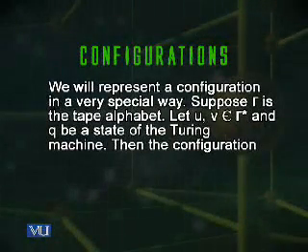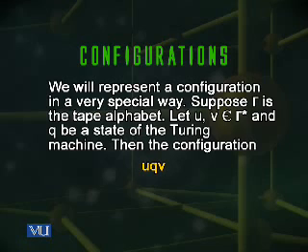We will be representing a configuration in a very special way. Suppose gamma is the tape alphabet, and let's say u, v are two strings in gamma star, and q is the state of the Turing machine. Then the configuration u, q, v denotes the following.